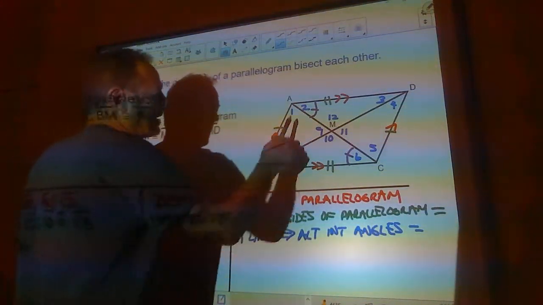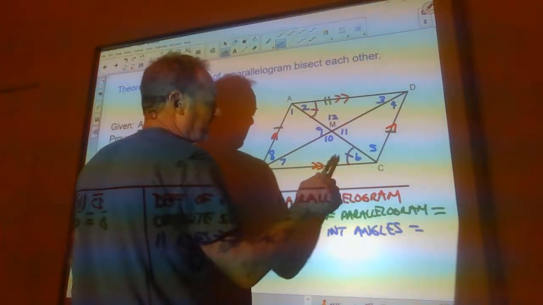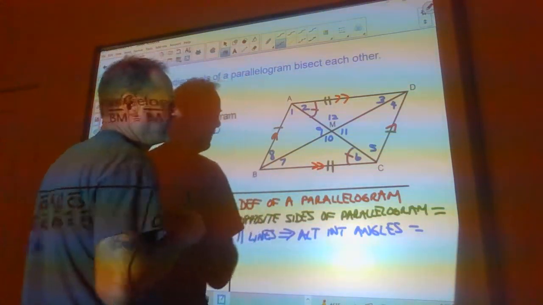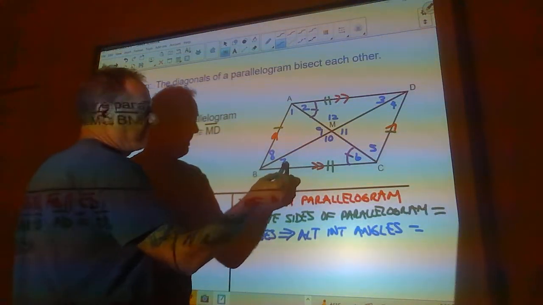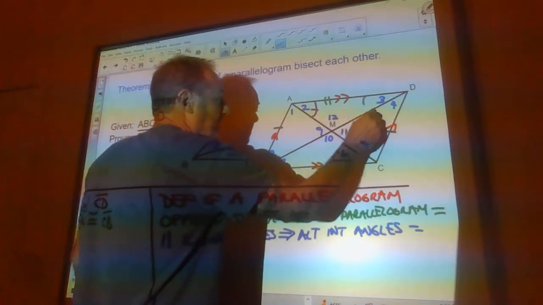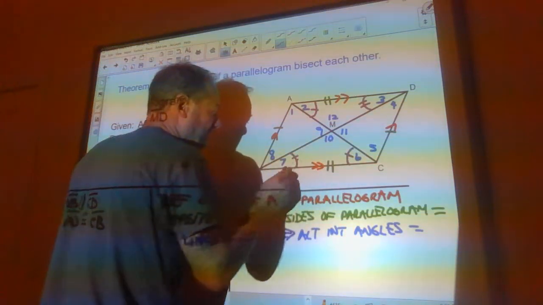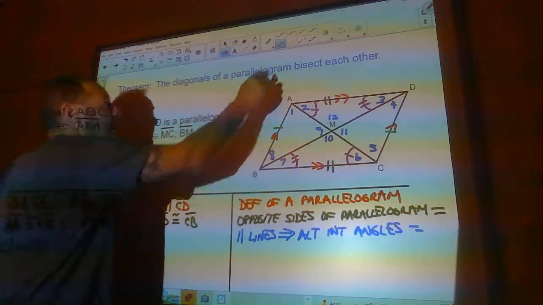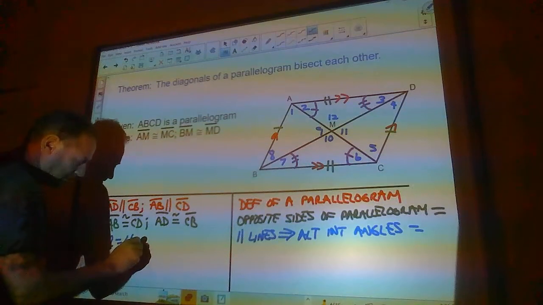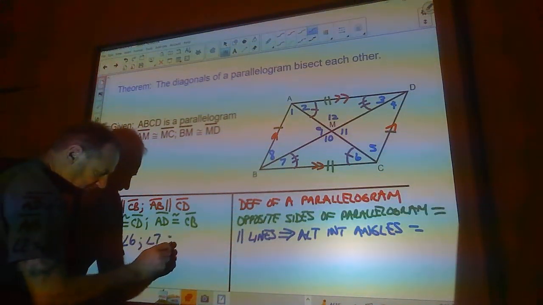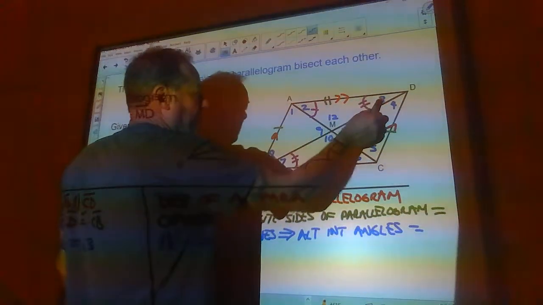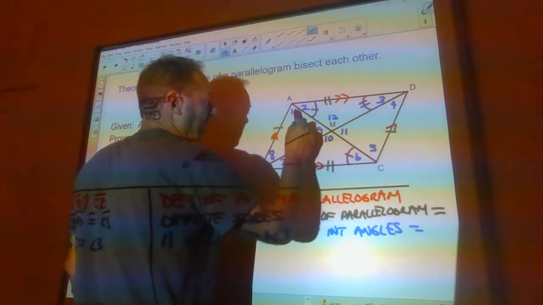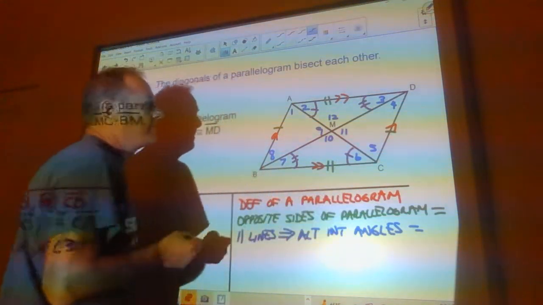So look at this. I've got a triangle here, I've got a triangle here, I've got a side and an angle. Oh, I also know that angle 7 is going to be equal to angle 3 for the same reason, because they're parallel lines, and that makes alternate interior angles equal. See how it forms a Z.